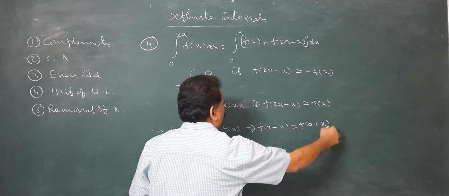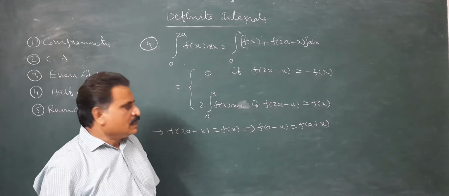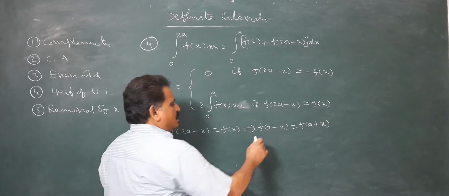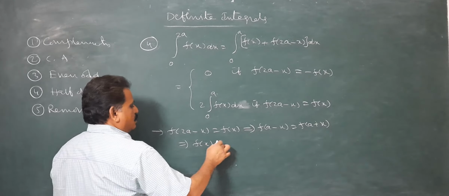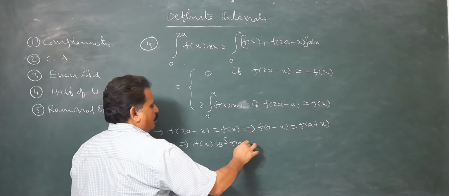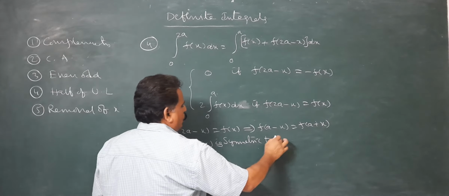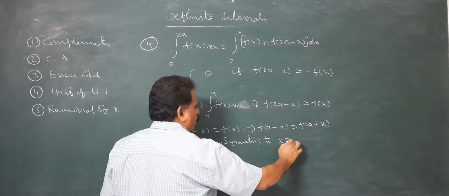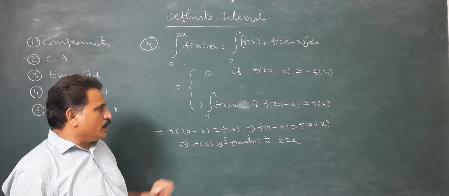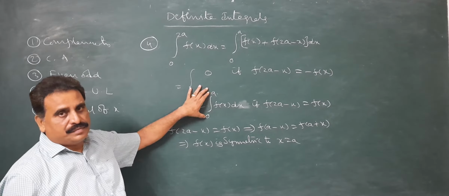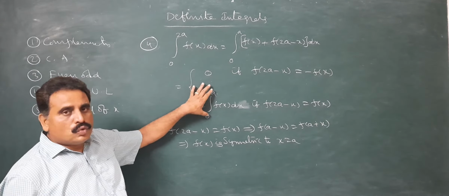It is the geometrical interpretation actually. That indicates f of x is symmetric about x equal to a. That's why it is 2 times that.